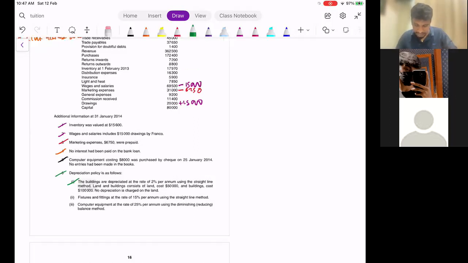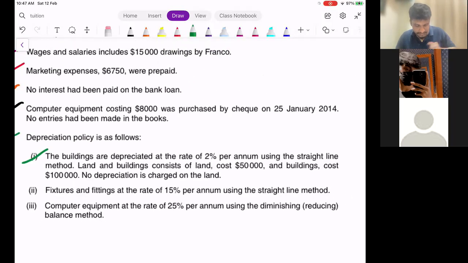Okay. Did you read the question carefully? The building are depreciated. I repeat again, building are depreciated 2% using a straight line method. Land and building consists of 50,000 is the building and the balance is the land.